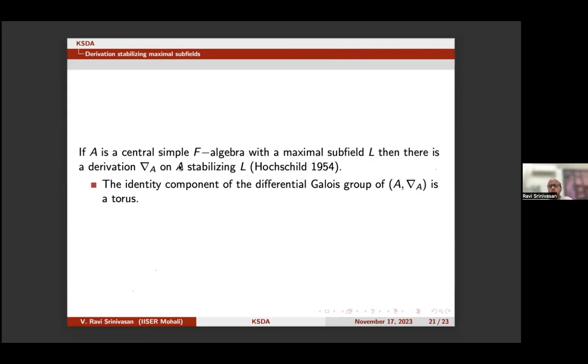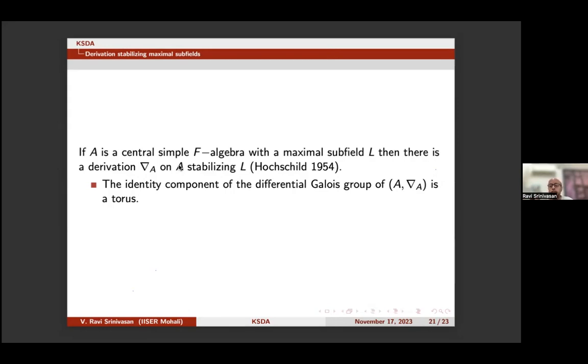Then you tensor that Galois extension with A, and therefore also tensor L inside. L tensored with the Galois extension splits into a direct sum. If we call that Galois extension K, then L tensor K will be n copies of K, where n is the dimension of L.